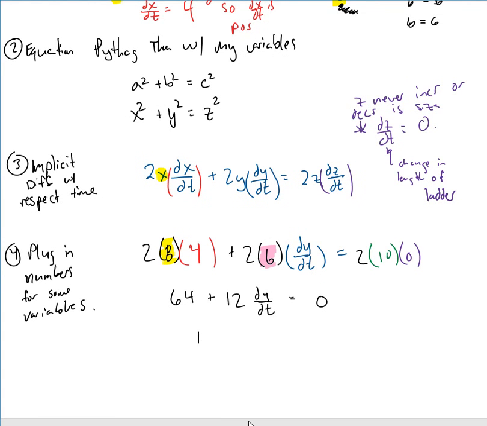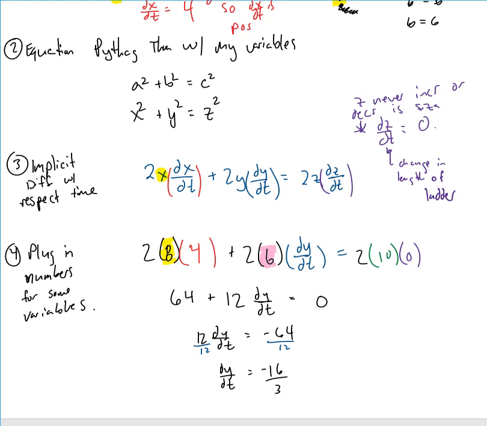So I have 12 dy dt equals negative 64, and then I would divide by 12 on both sides, and we'll get dy dt equals negative 64 twelfths, that does reduce. Those are each divisible by 4, so it looks like it'd be negative 16 thirds.